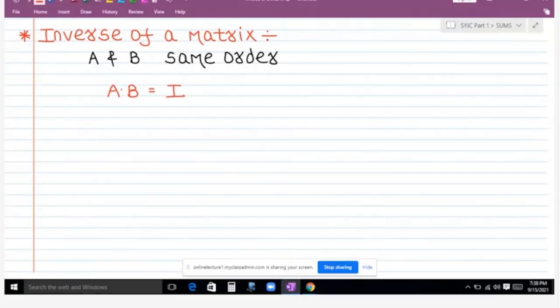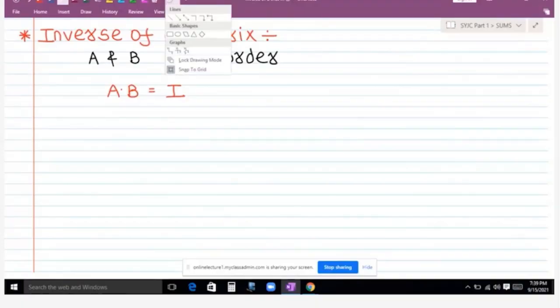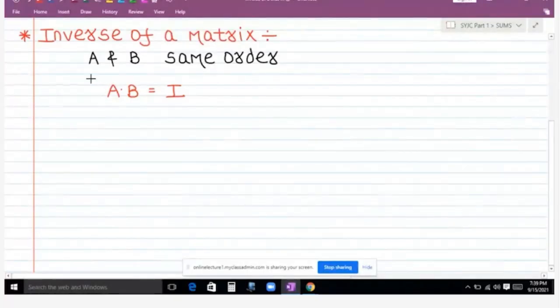A into B, if it becomes equal to I, so here in this case, this B is called the inverse of A. B is called the inverse of A, and A is called the inverse of B. But यहाँ पे what is the criteria कि ये inverse वाला जो टर्म है ये exist कब होगा?